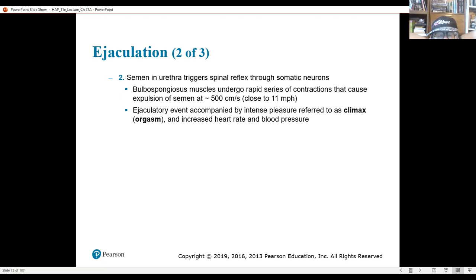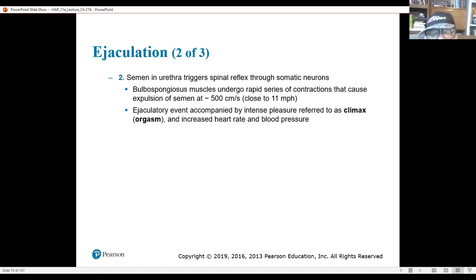They should have said that before that the gland empties, and then we have our Cowper's gland, also called bulbospongiosus gland, producing that thick, clear mucus that lines the urethra. Anyway, that's pre-ejaculation. The ejaculatory event is accompanied by intense pleasure that we call climax or orgasm.